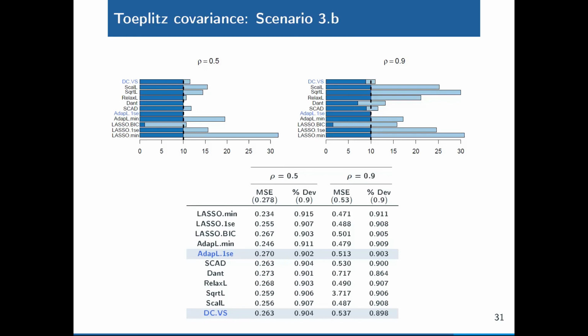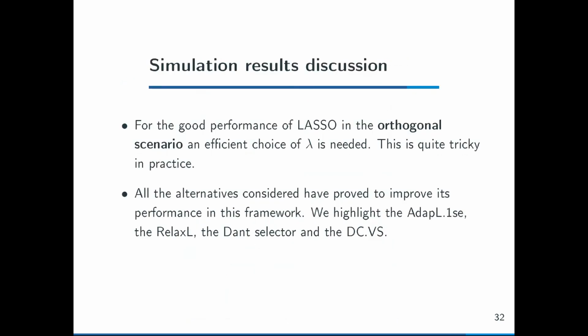So just to conclude, I want to give a brief discussion about the simulation results. We have to say that for a good performance of the Lasso under independence scenarios, it seems that a good choice of lambda is needed, in particular a larger value of lambda than lambda min.